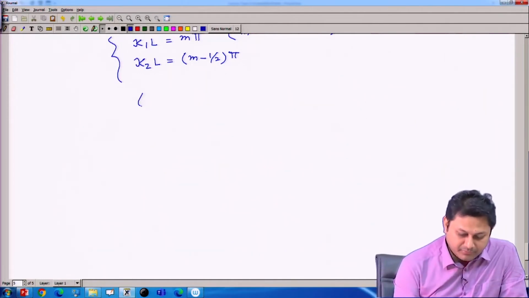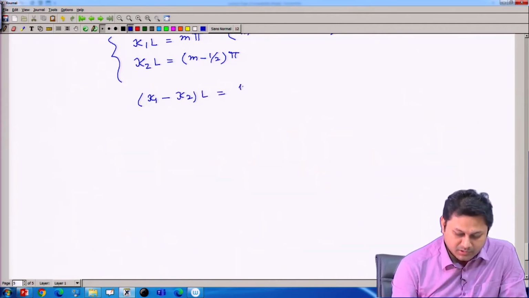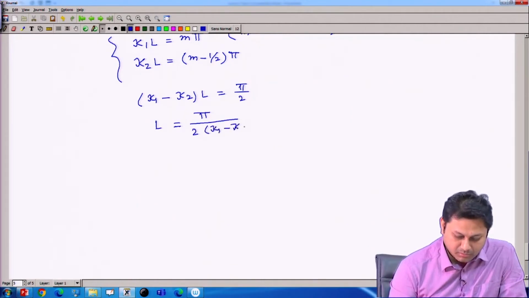So, I can have (kappa 1 minus kappa 2) L is equal to simply pi by 2. So, my L, the critical length at which these two wavelengths will be separated out, should be pi by 2 times (kappa 1 minus kappa 2).